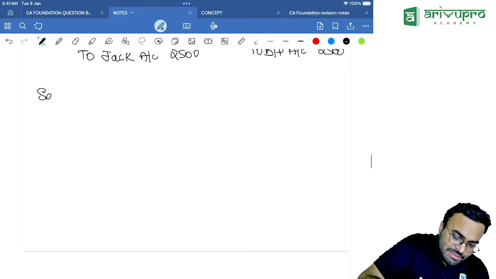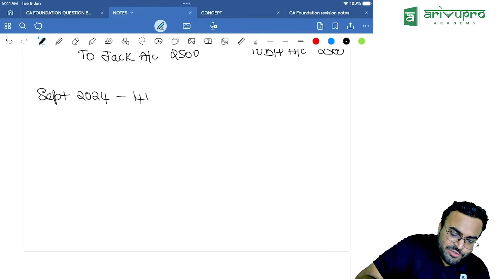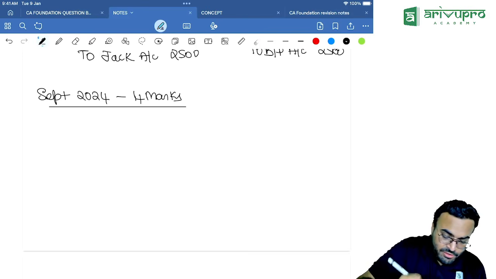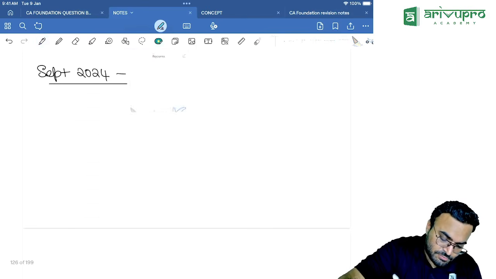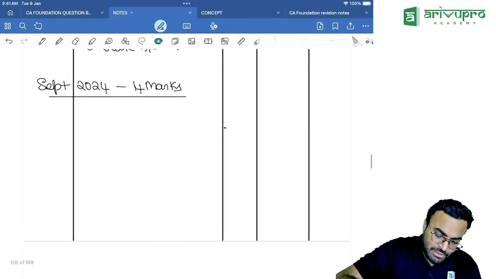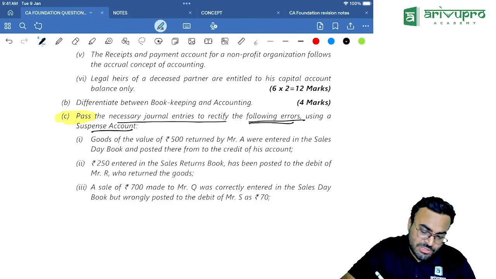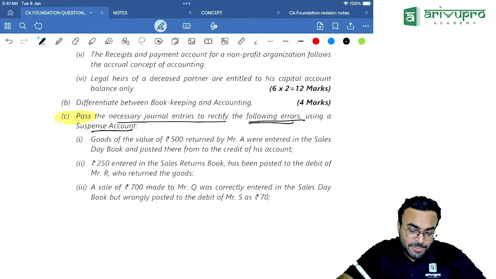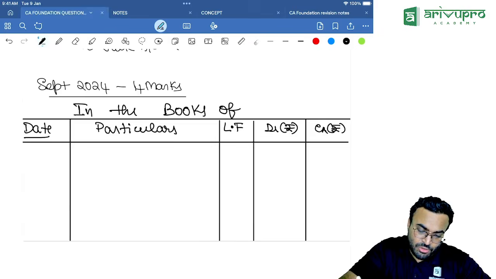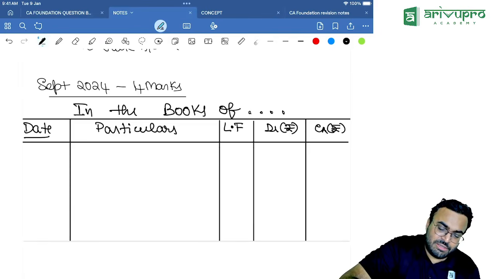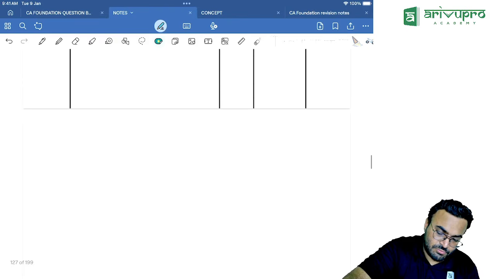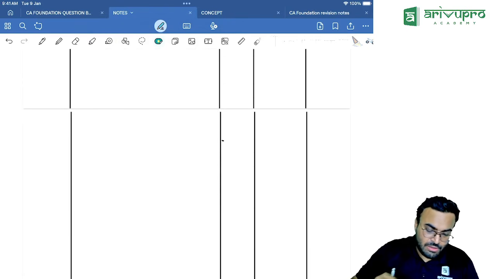So let's write September 2024, and it was asked for 4 marks. Now, journal entries in the books of whose books? Have they told you the name of the person? No. Just leave it blank. Journal entries in the books of. Clear?